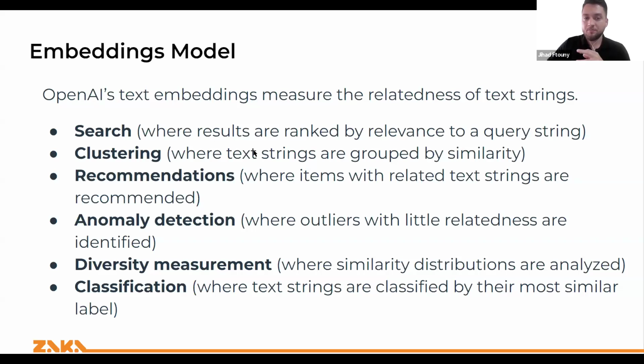You can do clustering, where you are grouping text by similar meaning or a similar query. You can do recommendations, where you recommend a text that is similar to another. You can detect anomalies and many other things. You can do classification, and you can also do different measurements of these texts so that you can analyze them in different ways. So these are some of the ideas that you have for the embeddings model.